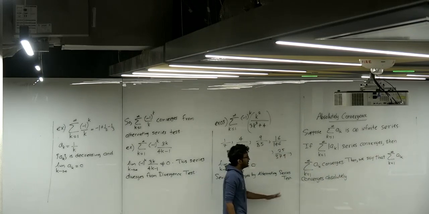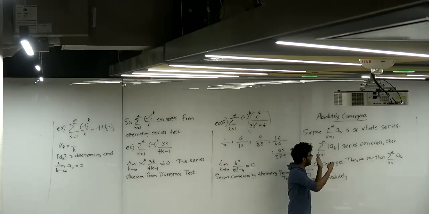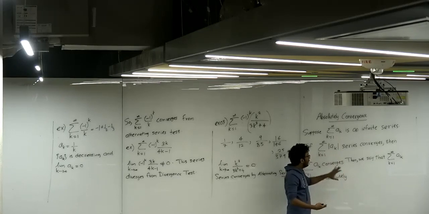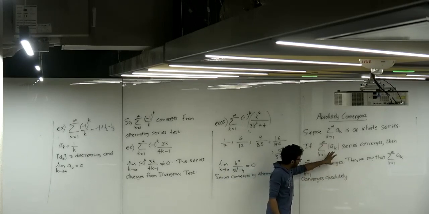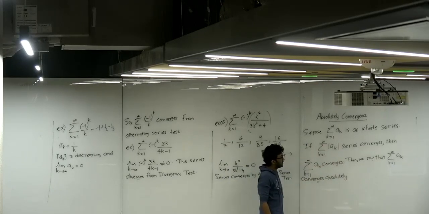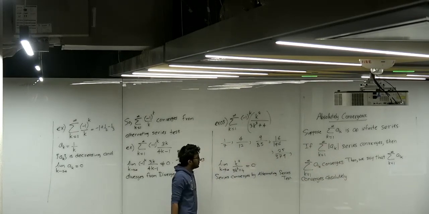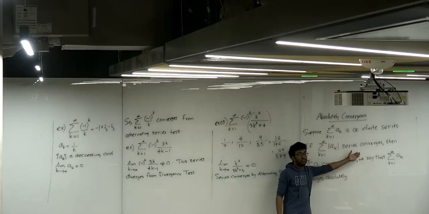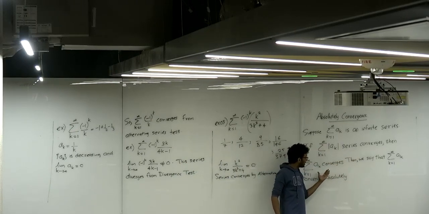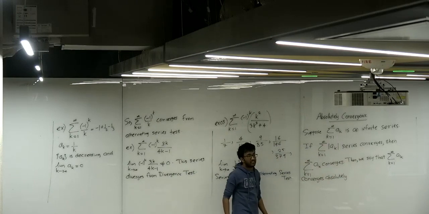But the idea is this. You consider the series that consists of absolute values of your terms, and you check the convergence of that. If it converges, then your original series converges. That is the idea. But what can you say if this diverges? You cannot say anything. If this diverges, you cannot state anything about your original series.